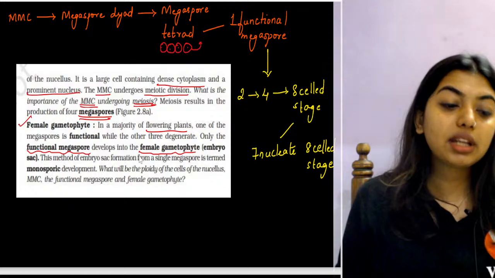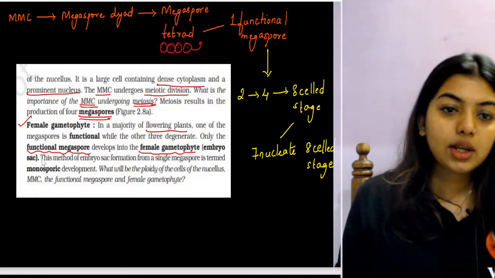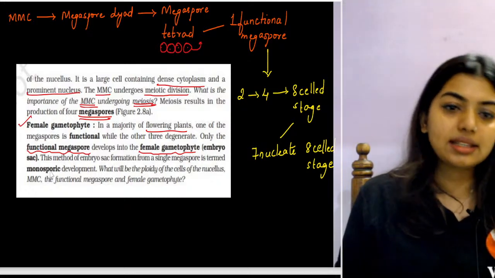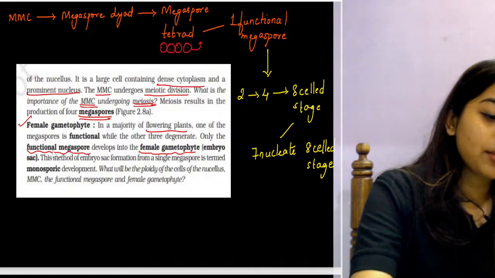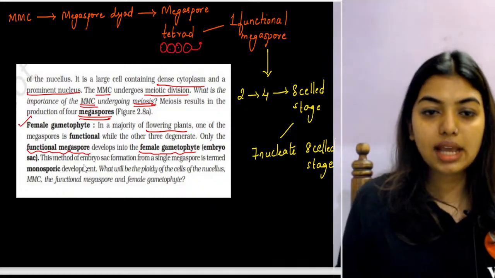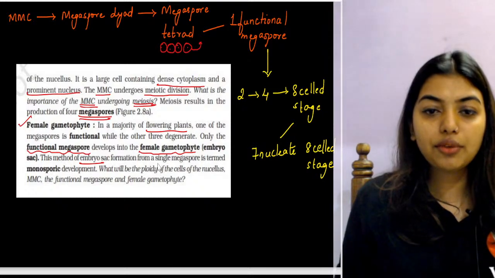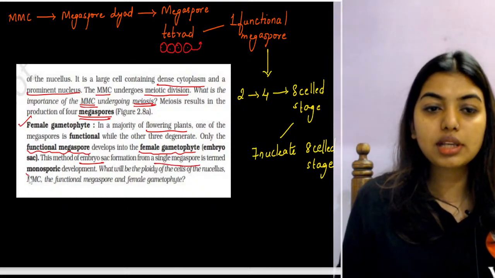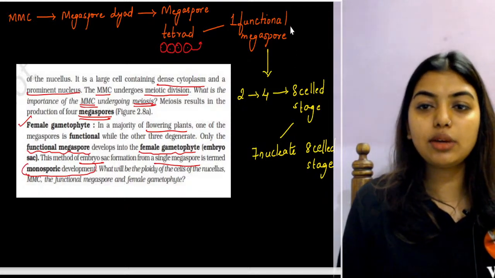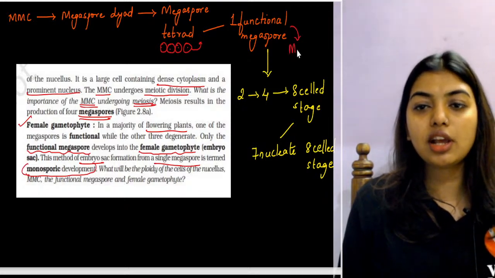Here the female gametophyte is your embryo sac. Now inside the embryo sac, who is there? The egg is there. This method of embryo sac formation from a single megaspore is termed monosporic development. Why is it called monosporic? Because obviously only one is becoming functional, so we call it monosporic development.